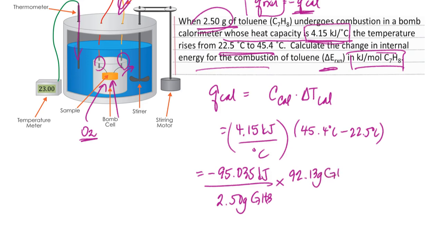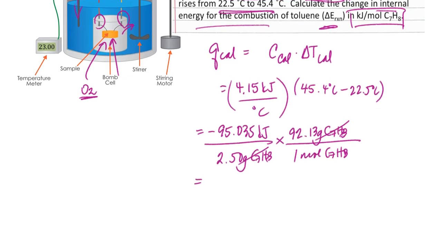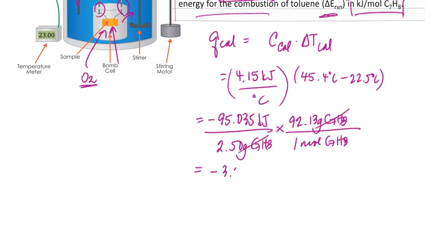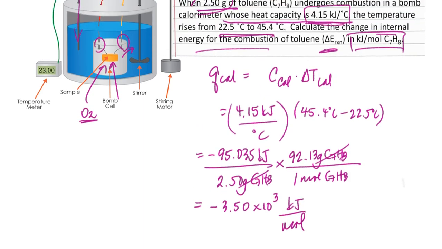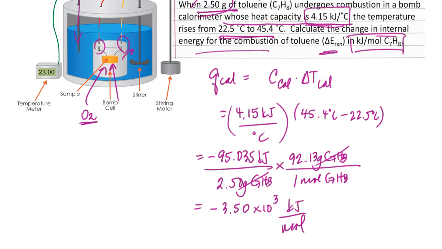I'll go ahead and leave it to you to verify that this is the correct molar mass for toluene, but that would be 92.13 grams per 1 mole of toluene. And if I then do this math, I end up with approximately negative 3.50 times 10 to the third kilojoules per mole. So that's the amount of heat that's actually given off from the combustion of toluene.